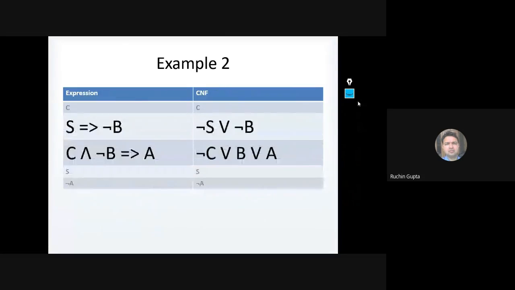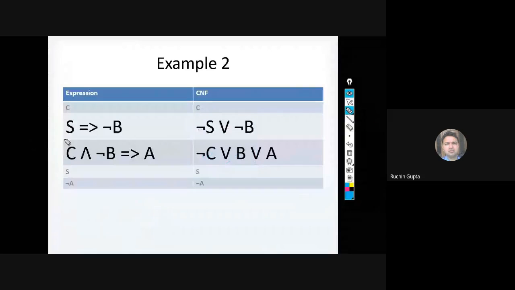So how can I convert all this? We know that P implies Q is equivalent to negation of P or Q. I apply this rule to remove the implication. So S implies negation of B becomes negation of S or negation of B. That will be my clause and that will be the CNF.